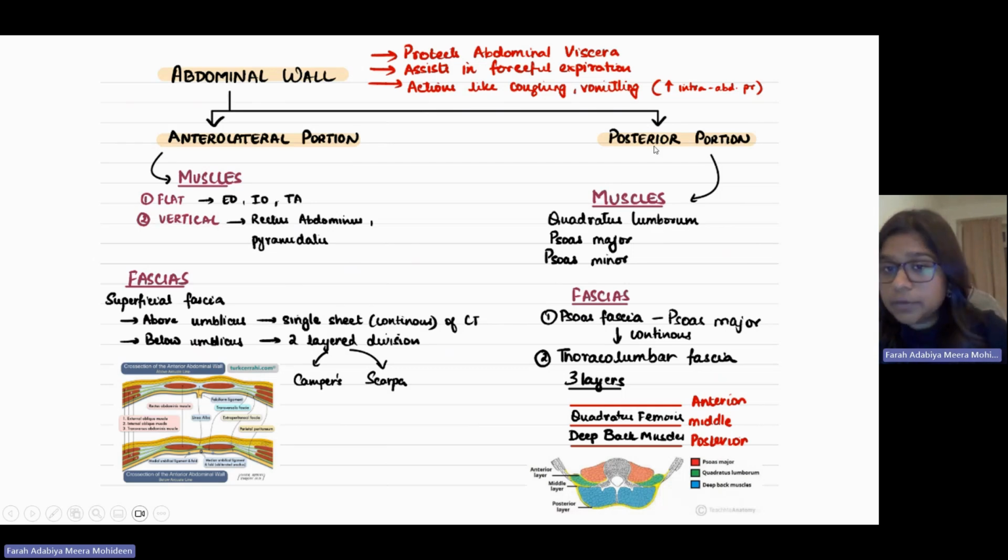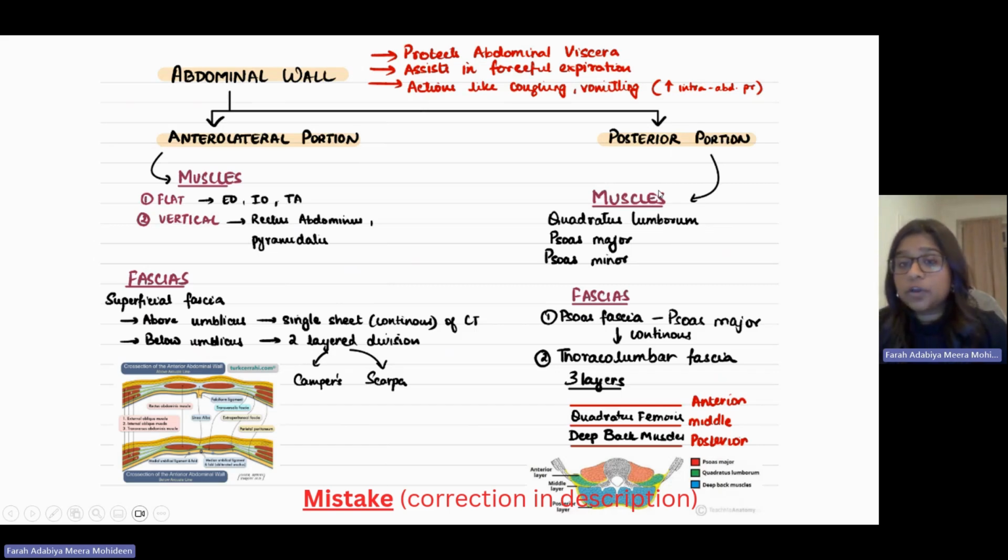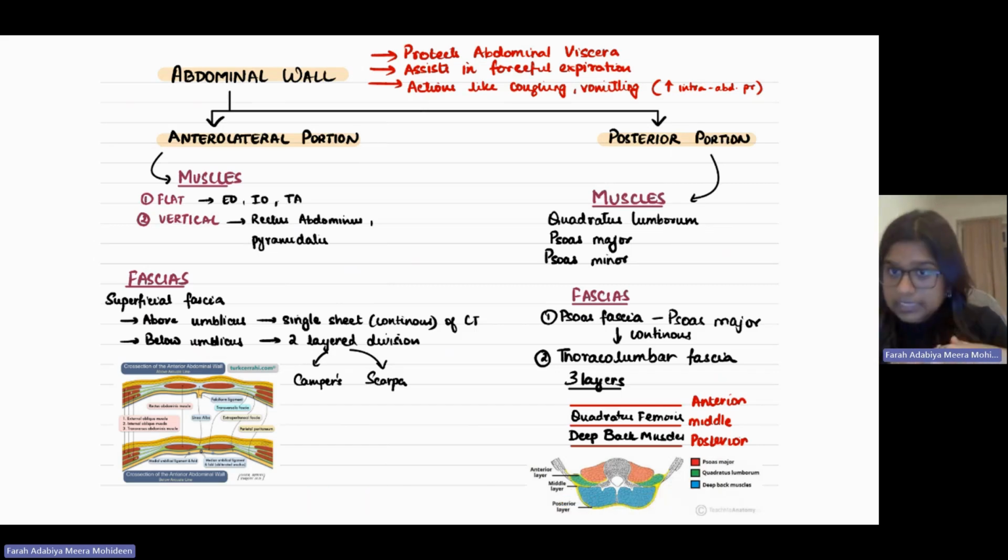Then you have the posterior portion of the abdominal wall, in which we'll talk about three muscles: the quadratus lumborum, psoas major, and psoas minor. And then the fascias that we'll talk about are the psoas fascia, which covers the psoas major muscle and is continuous downward into the thoracolumbar fascia.